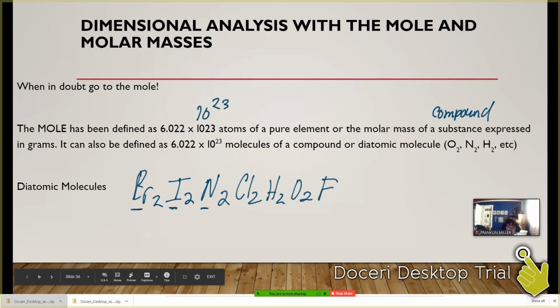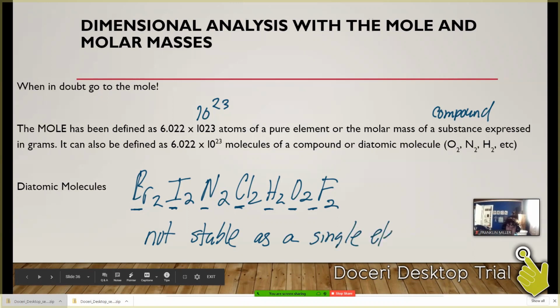Those seven elements are not stable as a single element. Which means whenever they're part of a compound, they're stable, or if they combine with a like element, they're stable.